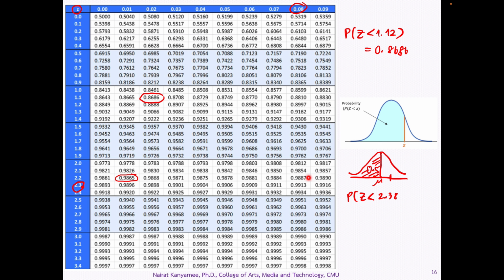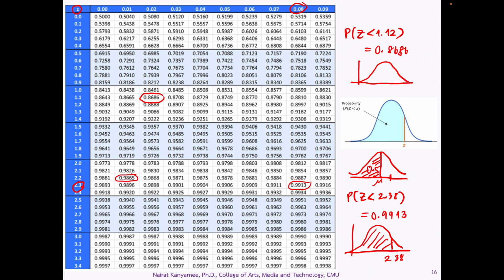So for 2.38, the probability is 0.9913. That means you are looking for the shaded area here. This is 2.38 and this is 1.12, shown by this area.